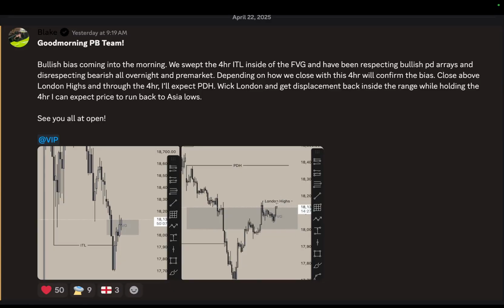So if we take out this buy side liquidity, then we'll be delivering from buy side, we'll be disrespecting bullish fair value gaps, and then we start trading lower and we hold this bearish fair value gap, then we could probably expect price to draw towards here, right? But just overall, you should have where you're leaning towards, and then you should have an if-then statement. If this happens, then I'll do this.